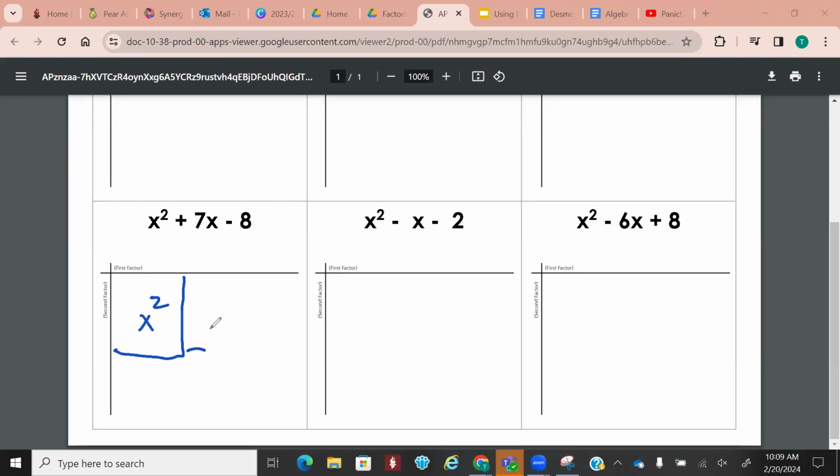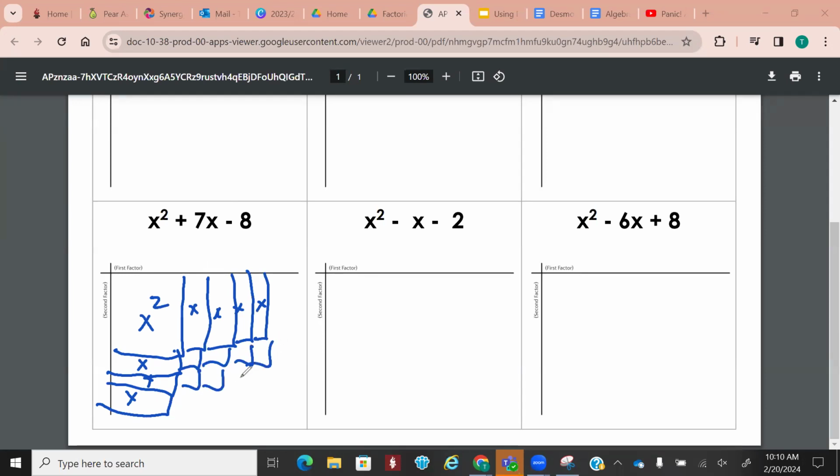So we're going to divide into 4 over here, and then 3 over here. And then we're going to fill in this little space with tiles. I think that's too many. Hold on, pause.